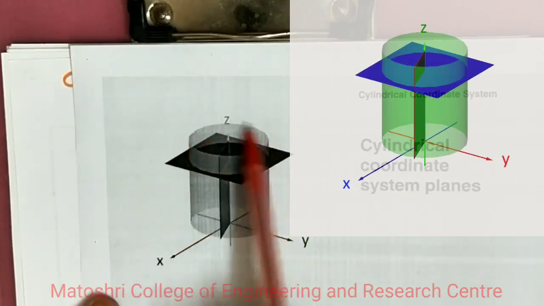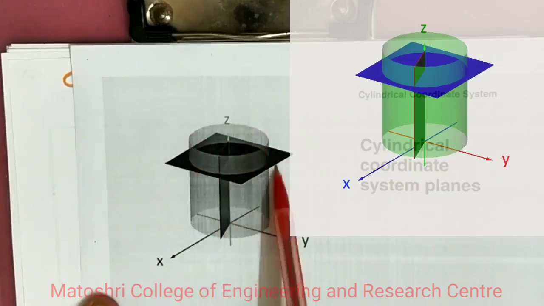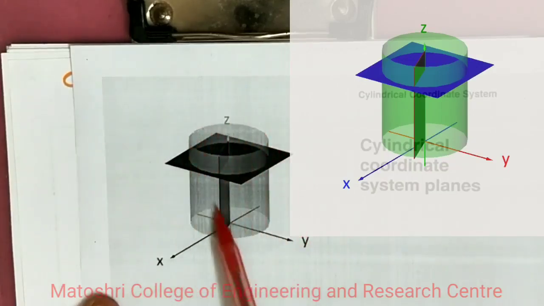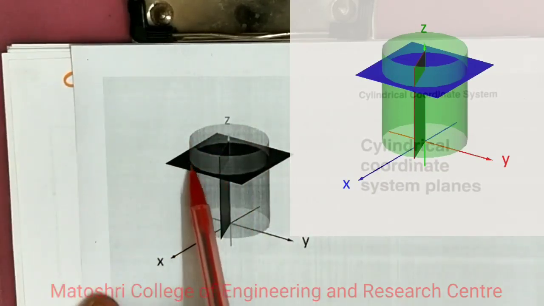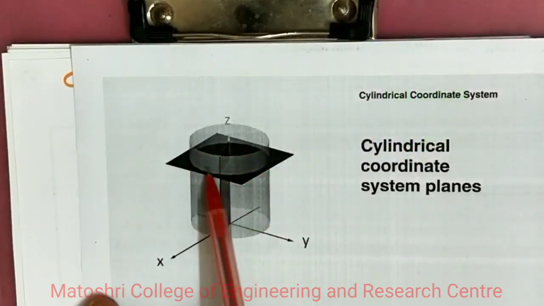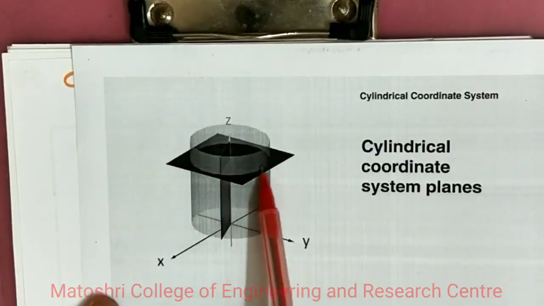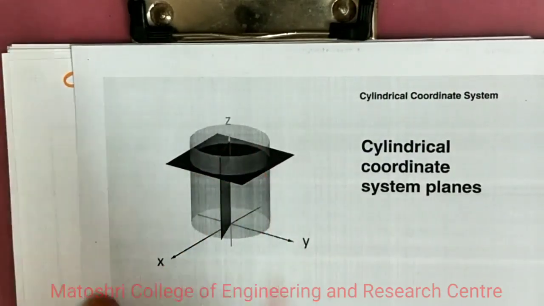Initially, when the radius is specified, the location of the point is the entire surface of the cylinder. But after specifying the plane z equals constant, the point lies at the intersection of the two surfaces, and now the point lies on the circle, which is the intersection of the two surfaces.